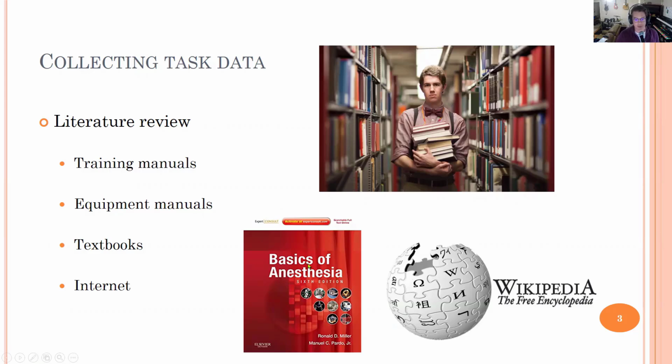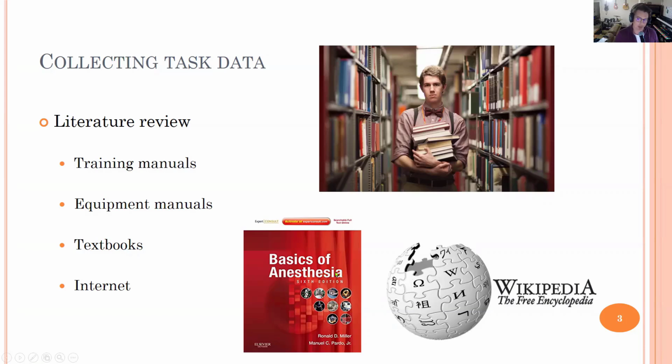And I have this one, basics of anesthesia here, because when I was a PhD student, I was working with anesthesiologists. And so, well, how do you perform these various tasks? Where does your attention go, with these various monitors and things? And so I actually read a textbook on anesthesia, and I felt like, oh, if this PhD thing doesn't work out, I can become an anesthesiologist. But in any case, this is part of the review.